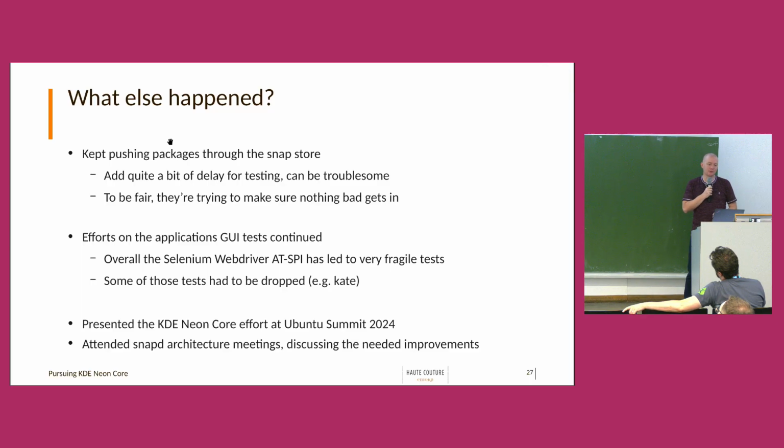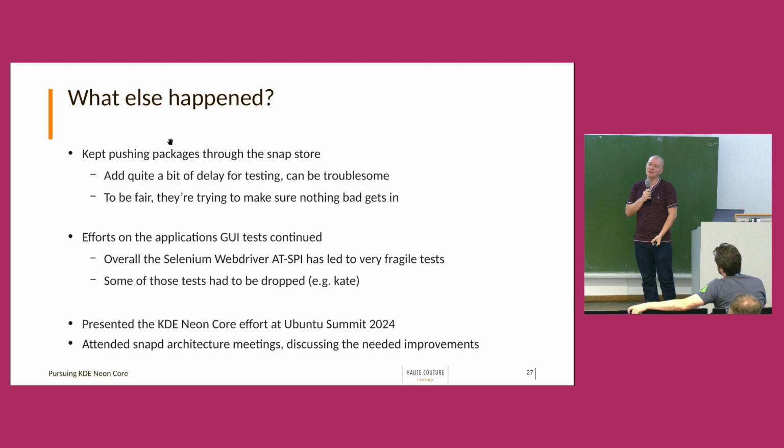So what else happened? Well, there's been some coordination through the Snap Store, right? Because we submit to the Snap Store. That coordination is generally a bit slow. It adds quite a bit of delay to things because they need to check which new interface you use. And as I mentioned, we had to use new interfaces that they introduced. And then they're very picky: why did you introduce that?